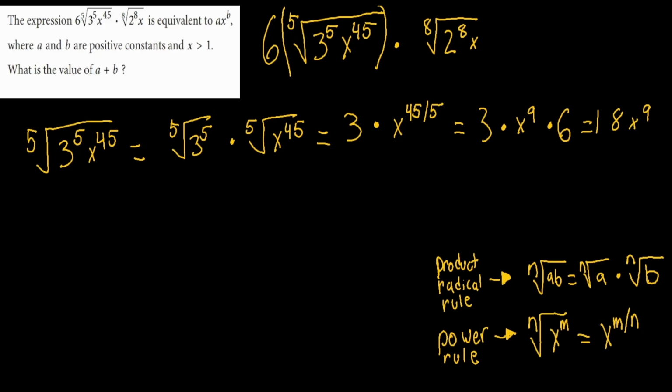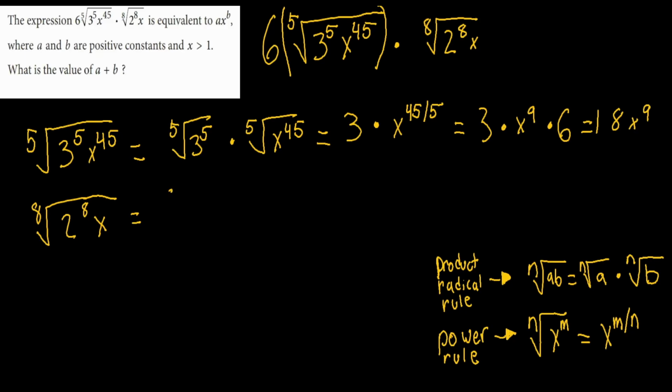Now let's tackle the second one, okay? So we have the 8th root of 2 to the 8th multiplied by x. Okay, and the first thing we're going to do, we're familiar with this already. Same step as above. We're going to separate everything inside.